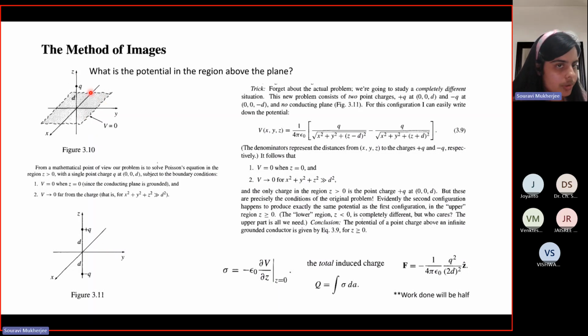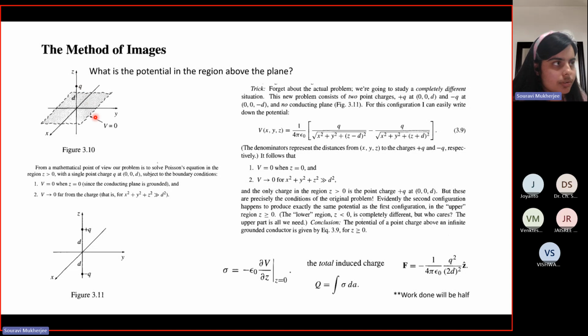So this is the question you want to solve. We say, what if now we put a minus Q charge at an equal distance from the xy plane, such that at the xy plane the potential goes to zero. So that means the boundary conditions for this problem and this problem are the same. So if we try to solve this problem and find the potential in the region above this plane, the potential for this case will be the same, right?